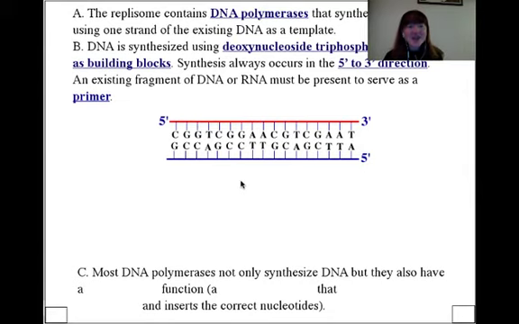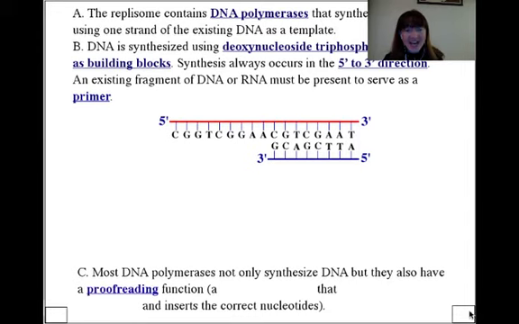So not only that, this is where I get really jealous, because not only is it fast, but it also is incredibly accurate. And guess what? It gets to carry around its very own, get this, proofreader. It has its own proofreader that tells it, hey, you made a mistake, back up, do it again. Oh my gosh, what I wouldn't give to have a 3' to 5' exonuclease that is a proofreader.